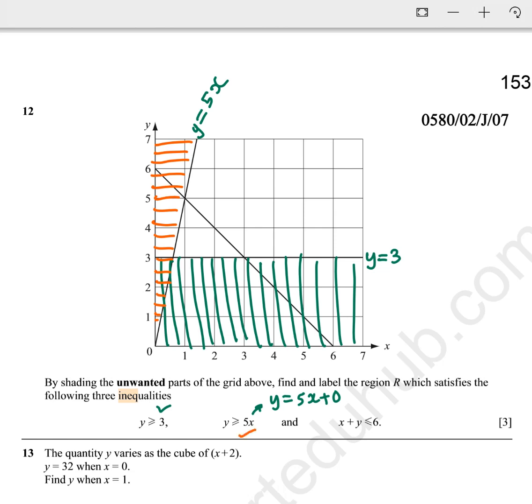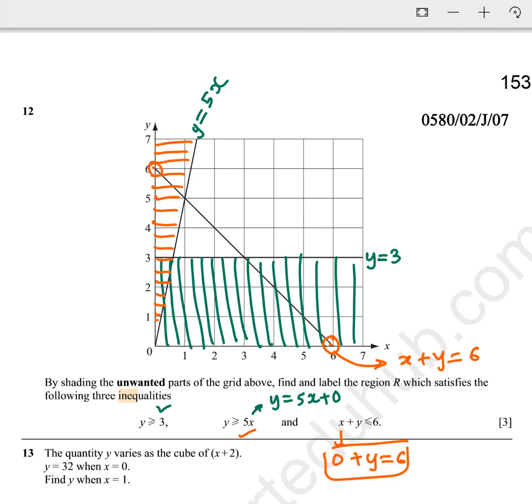Okay, so this is done, and we have x plus y less than or equal to 6. Obviously the line that remains here is x plus y equals 6. You can also check it the other way: when x is 0, what is y? When I put x equal to 0, y is 6. So 0 and 6 are the coordinates here. This is 6 and 0, and here is 0 and 6.